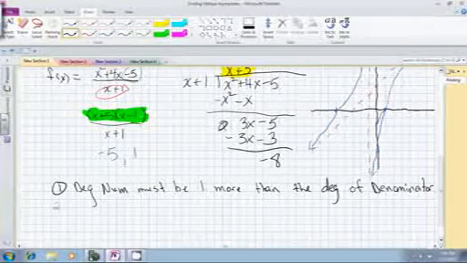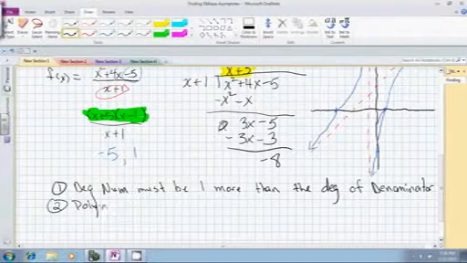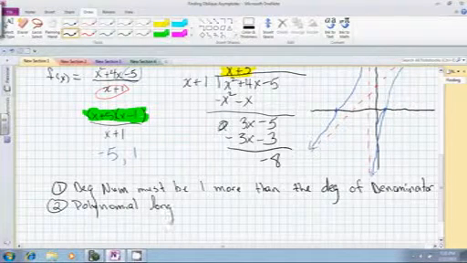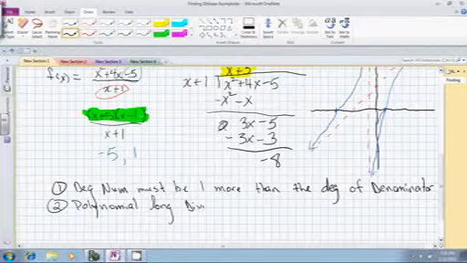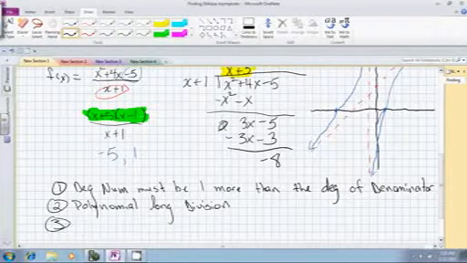If that is true, then we perform polynomial long division. And the oblique asymptote is the quotient.